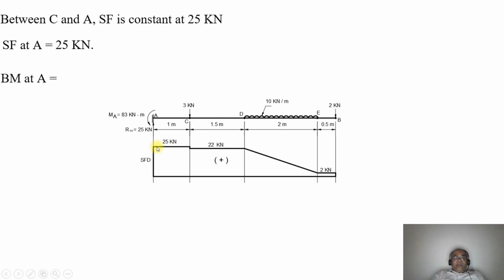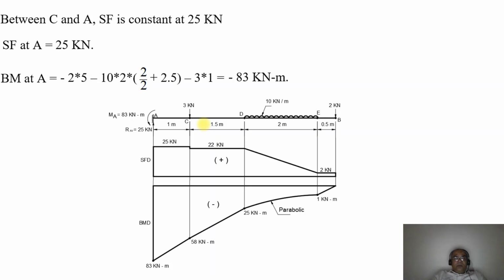Now, what will be the bending moment at the point A? The bending moment at the point A will be equal to minus 2 into 5, minus 10 into 2 into 2 by 2, which will be at the midspan from D. With respect to A, so 2 by 2 plus 2.5. So 10 into 2 into 2 by 2 plus 2.5 minus 3 into 1. On simplification, you will get 83 kilonewton meter.